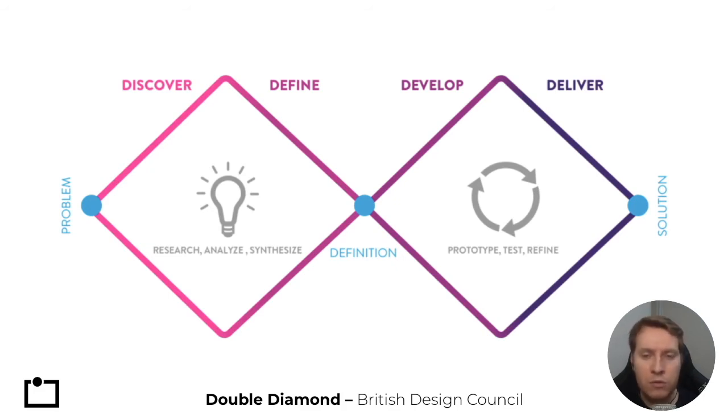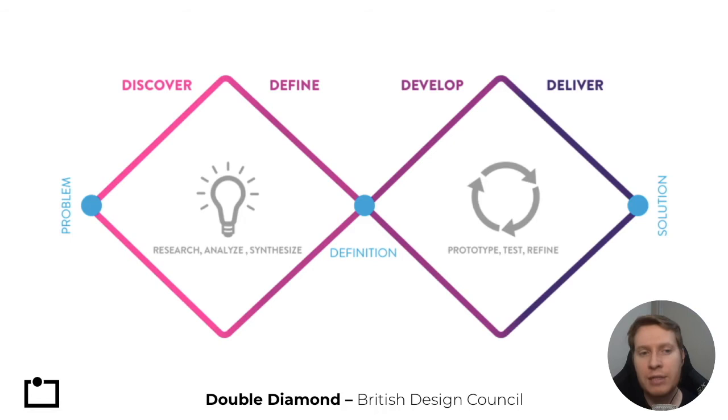We're just going to discover and better understand the problem. And then in the define phase, the second part of the first diamond, we gather insights the same way we have in the design thinking process, and it helps us to have a clear definition of the problem as well.